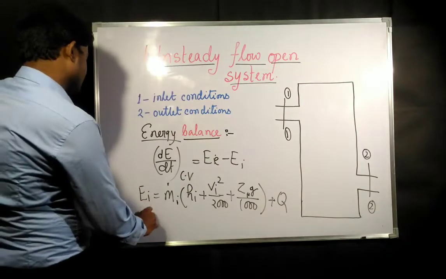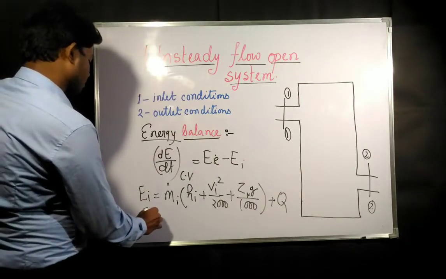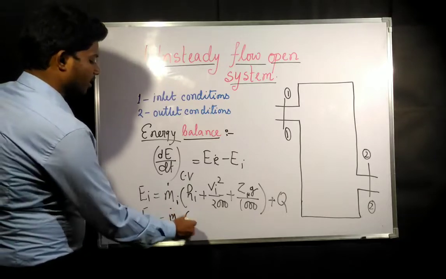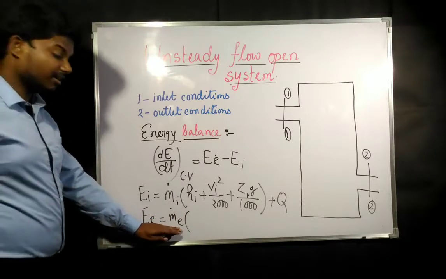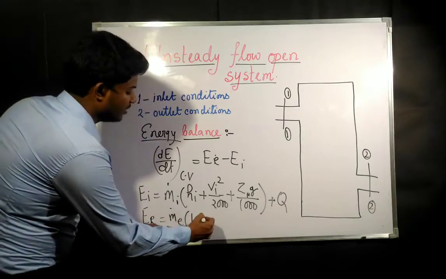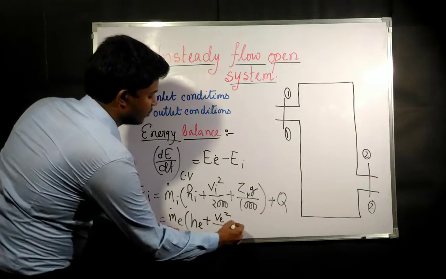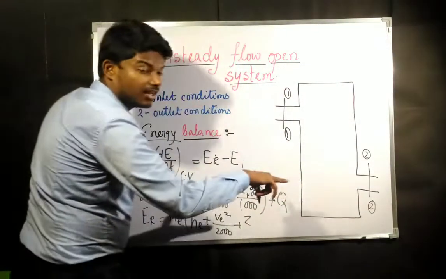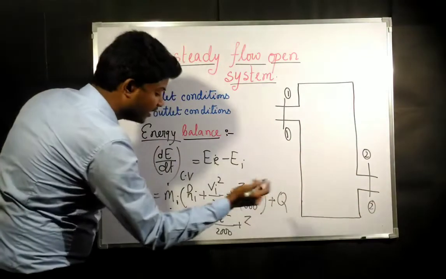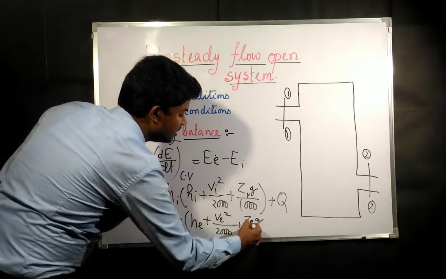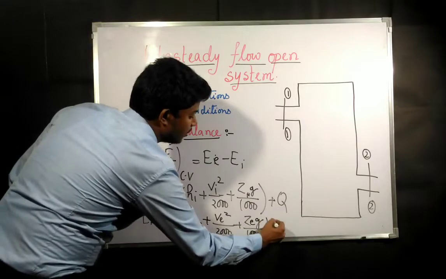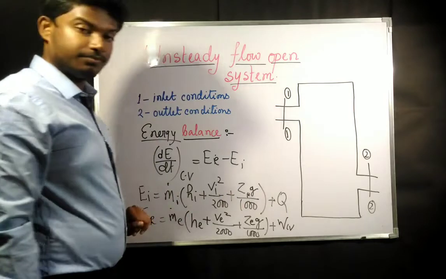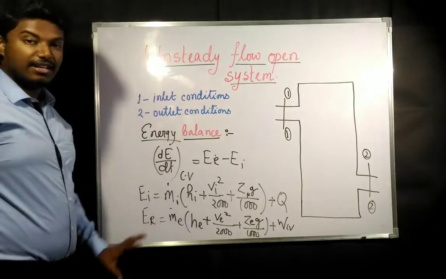And energy at exit or outlet was similarly mass flow rate at exit into enthalpy at exit plus velocity at exit squared by 2000 plus height of that exit passage from the datum, that is Z_e g by 1000, plus W_CV, work done on the control volume. This is the energy balance.